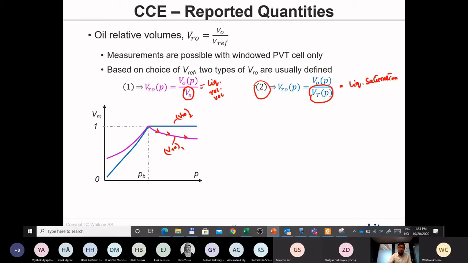As we go to higher and higher pressure, the oil is compressing, and this line indicates the compressibility of the oil. After the bubble point, this VRO again starts to decrease, but not as sharply as the other one, because now the denominator is a constant value. This curve mainly represents the oil shrinkage against the constant reference.